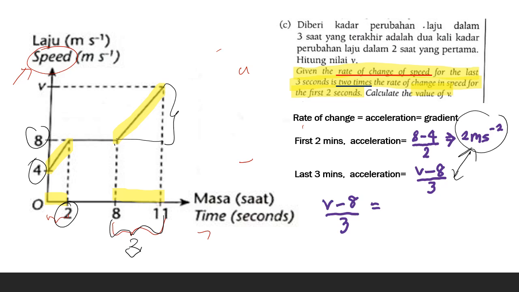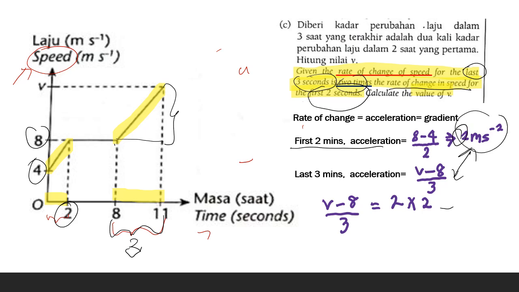Okay, you make connection here. You know that from here, the last 3 seconds is 2 times the rate of change in speed for the first 2 seconds. So 2 times for the first 2 seconds.